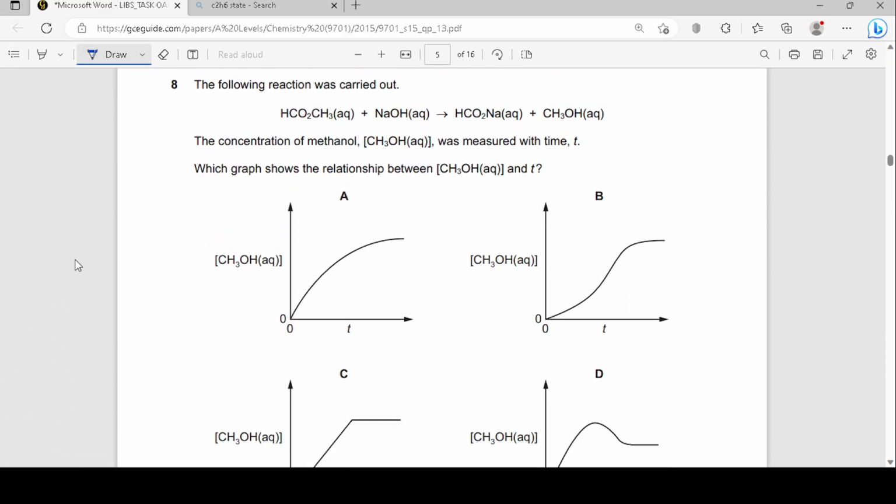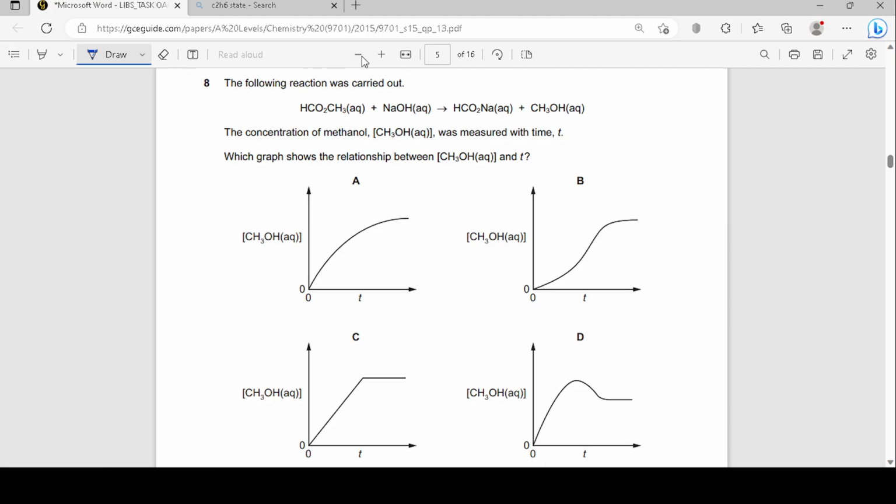Next, the following reaction was carried out. The concentration of methanol, CH3OH aqueous, was measured with time t. Which graph shows the relationship between CH3OH aqueous and t? Let's think about this. D definitely looks wrong. CH3OH is a product, so this is really a random thing to have.